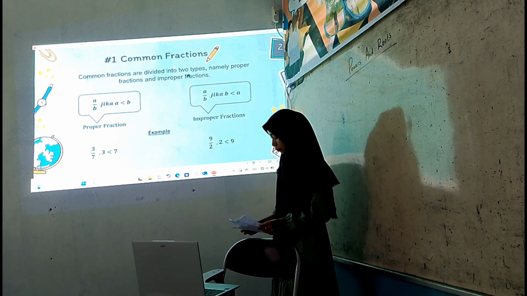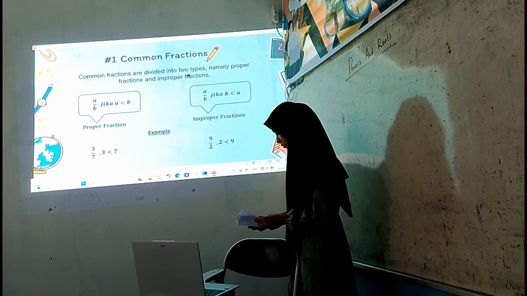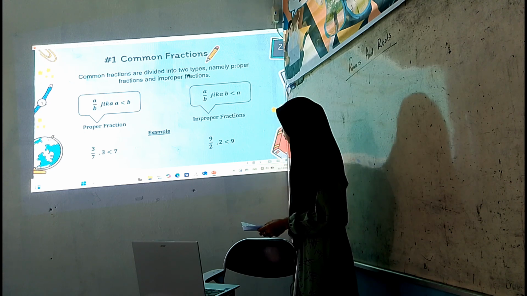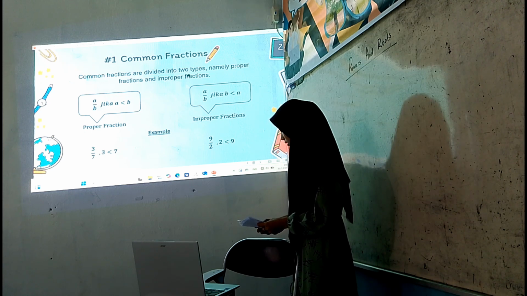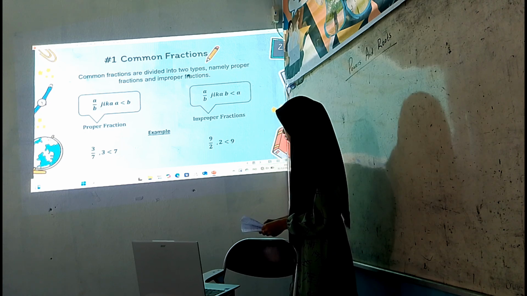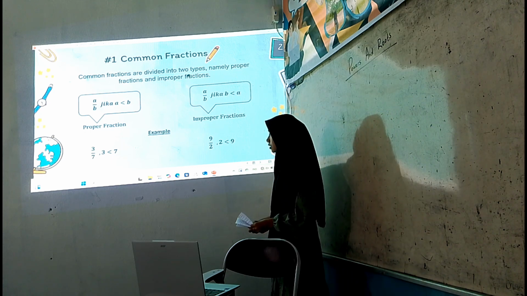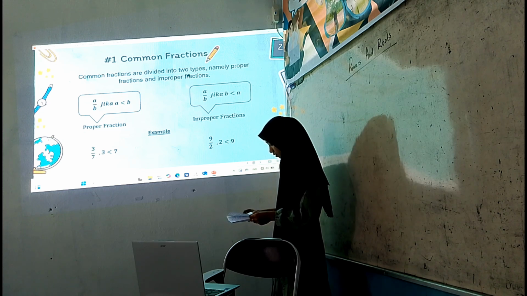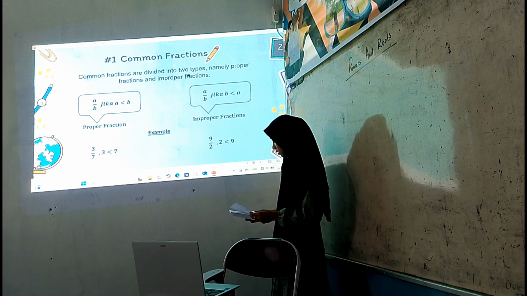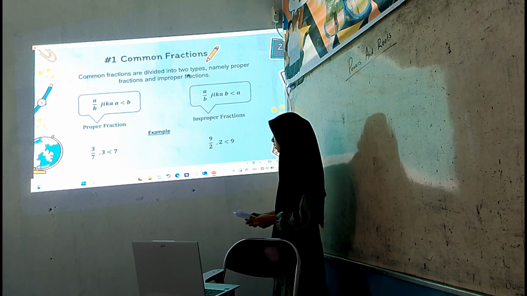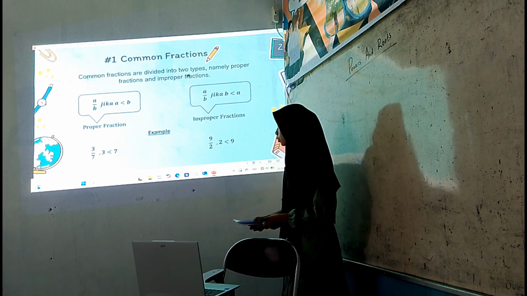The first, proper fraction. Proper fraction is a fraction where the numerator is smaller than the denominator. Example, 3/7, where the 3 as the numerator is smaller than 7 as the denominator.